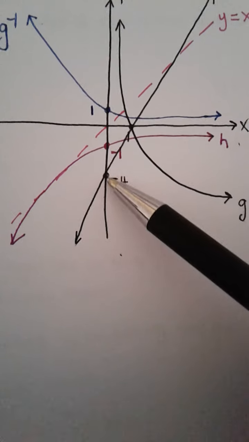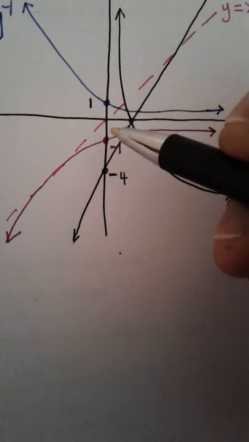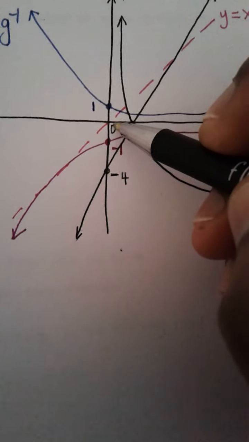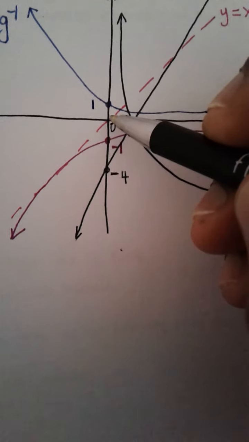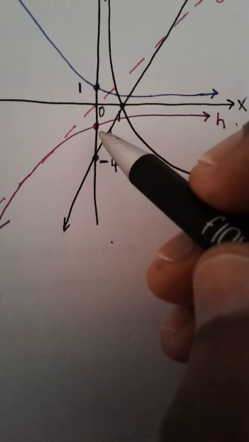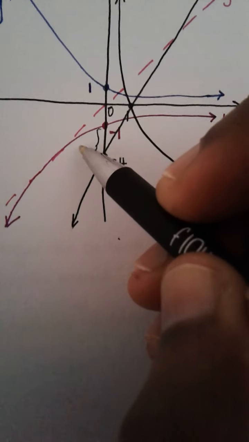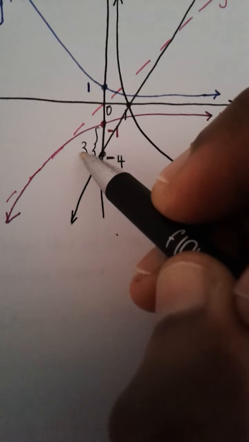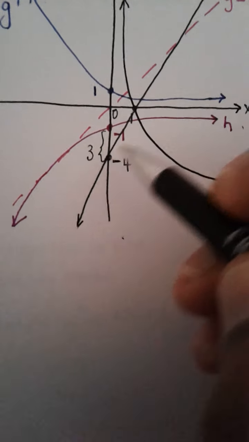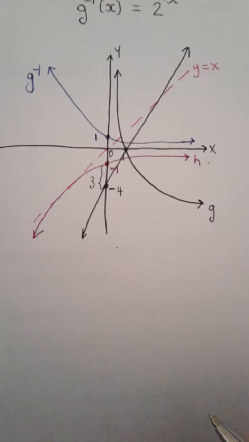But look what happens here at x equals 0. This distance happens to be a distance of 3. That just came from the sketch.